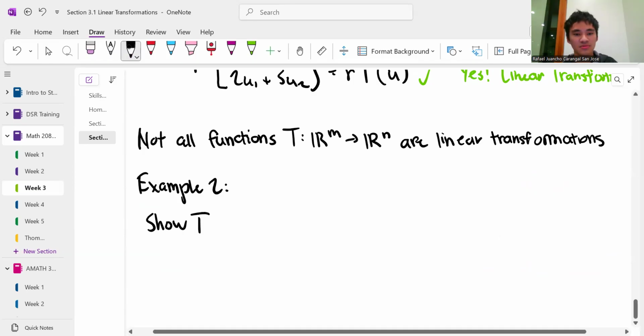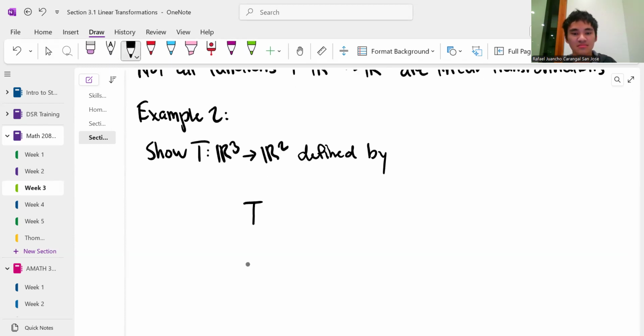Here you want to show that this transformation from R3 to R2, and we actually have a function here, is defined by this thing.